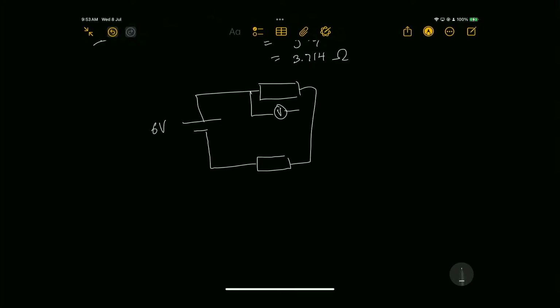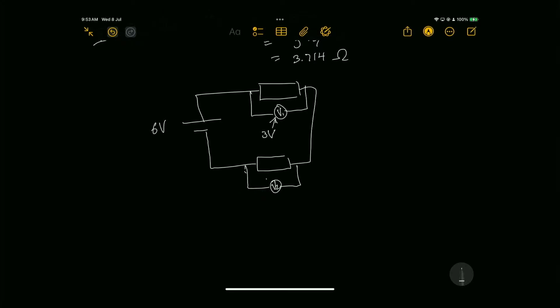So we have V1 here, and we see that this potential difference is equal to 3 volts, and we want to find the potential difference across this one, right? So let's label this V1. We want to find what is V2, the potential difference across that resistor.